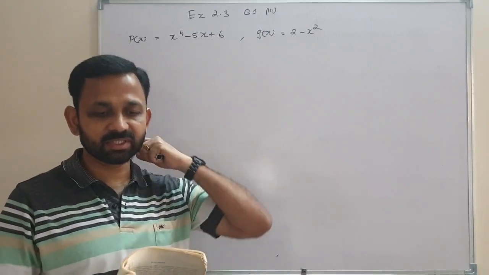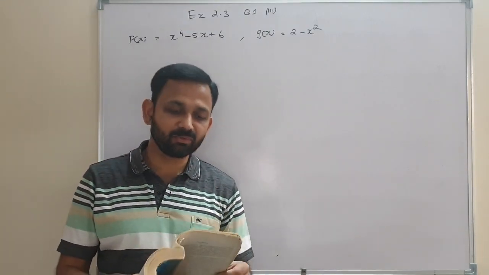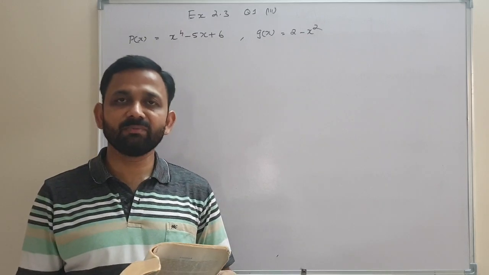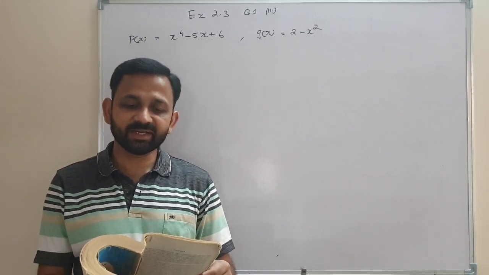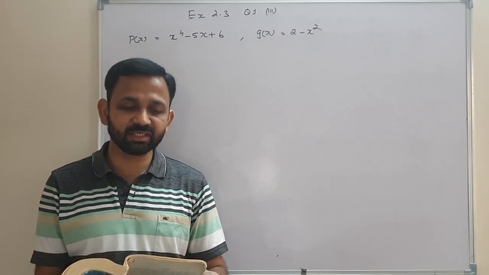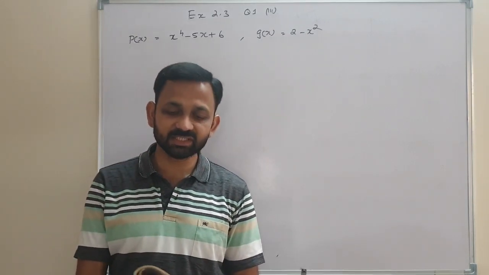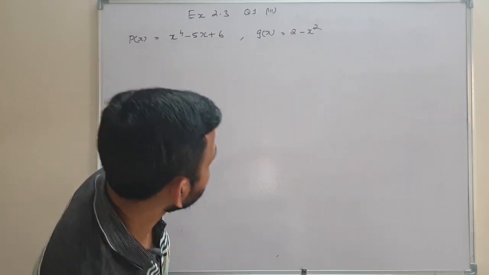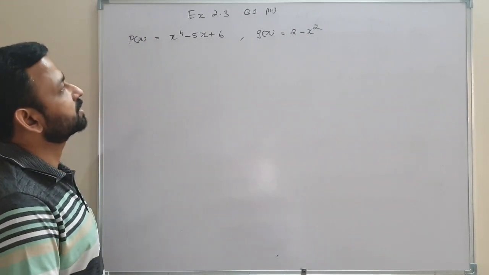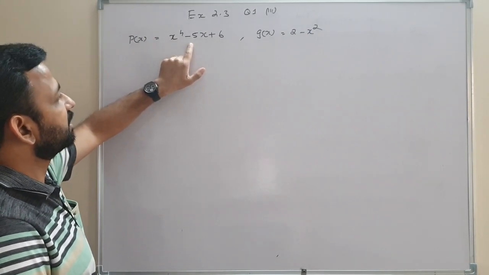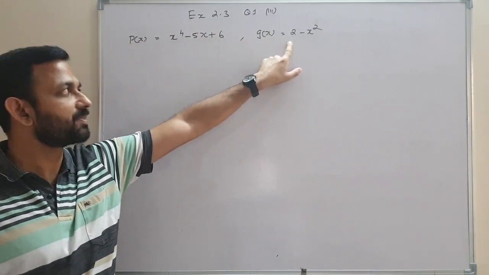The question says: divide the polynomial p(x) by the polynomial g(x) and find the quotient and the remainder in each of the following. We need to divide p(x) by g(x) and find the quotient and the remainder. So this is the dividend and this is the divisor.